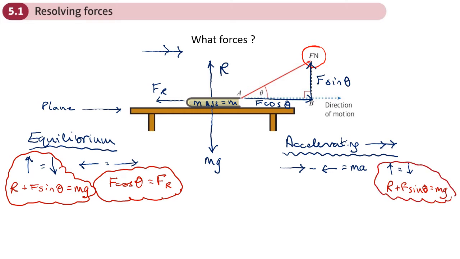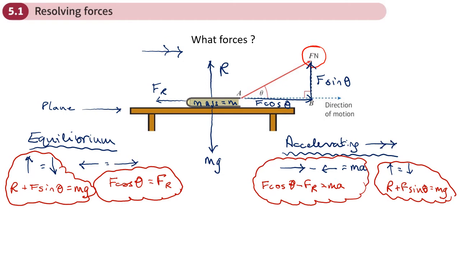But our equation for the horizontal movement will change. So that will become F cos theta minus friction equals ma. So that changed because the force is unbalanced and it's moving in that direction.